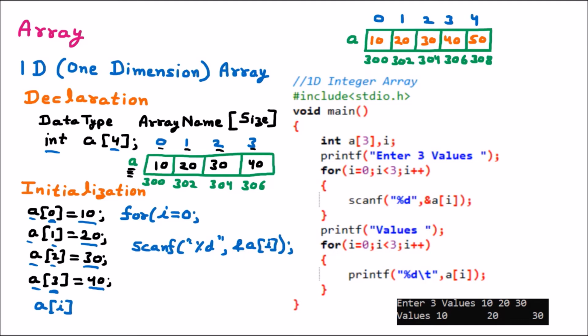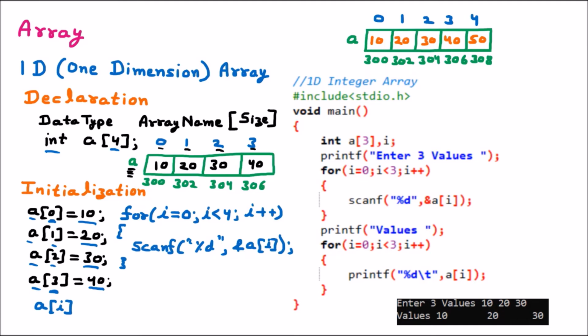Totally up to you. So here I am mentioning that i less than 4. Then afterward i plus plus. So here this line we are putting inside the for loop and we are ready with the array input. So by this method we can take the input from the user and all the values will be going to the array.